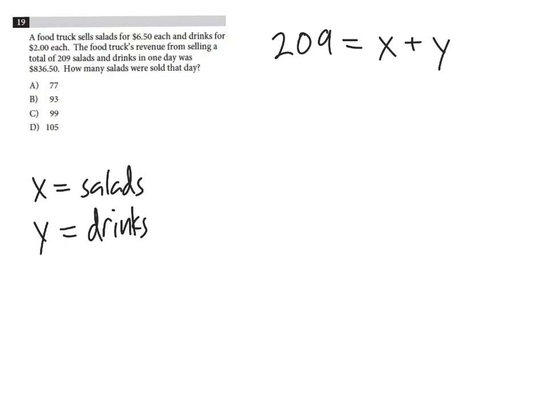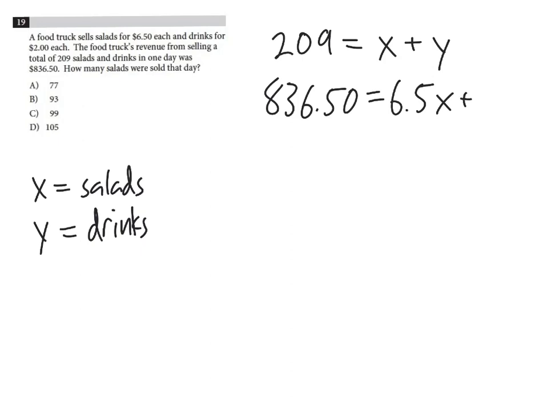Okay, so my next equation says that we had a total revenue that day of $836.50 from selling salads and drinks. Well, the revenue from selling salads must be the number of salads times the cost of the salad, which is $6.50.